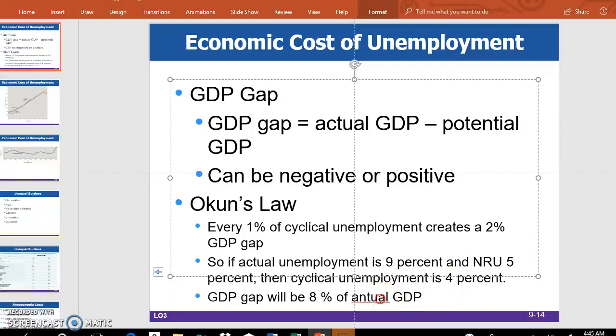So that is what Okun's law says, that for every 1% of cyclical unemployment, there will be a 2% GDP gap, right? 2% of actual GDP gap. So that is what we have here.